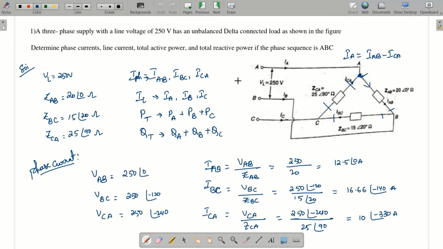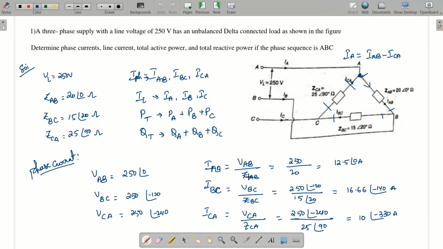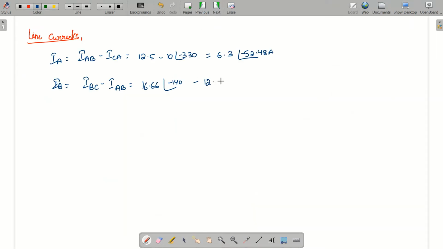IBC value is 16.66 at an angle of minus 140, minus IAB 12.5. So you will get 27.45 at an angle of minus 157.02 amperes.